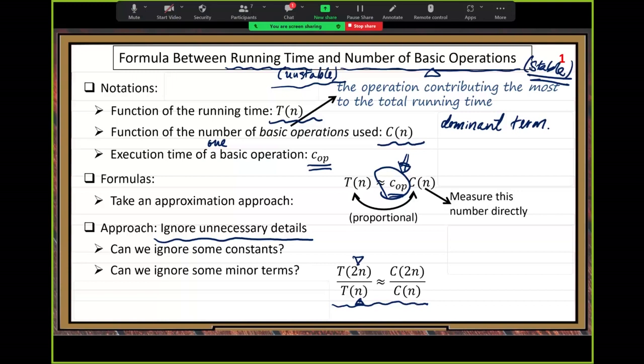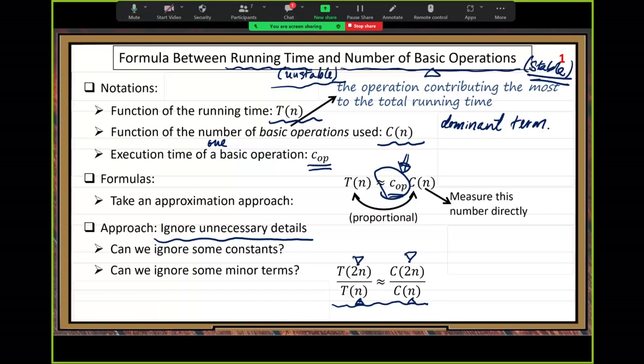The right hand side is also the original problem size, one function value. Then we look at the function value with doubling the problem size, then we take the ratio of the two sides.